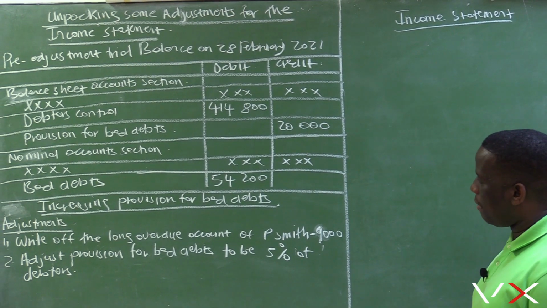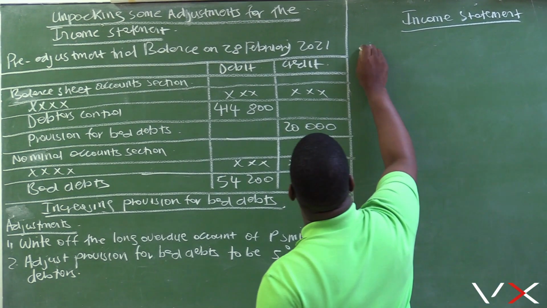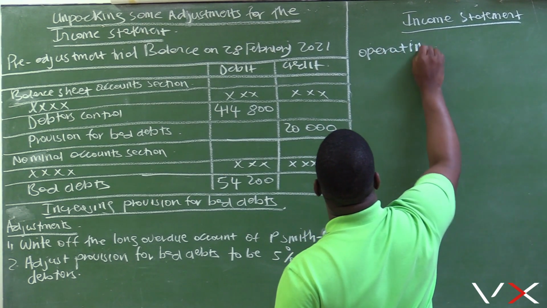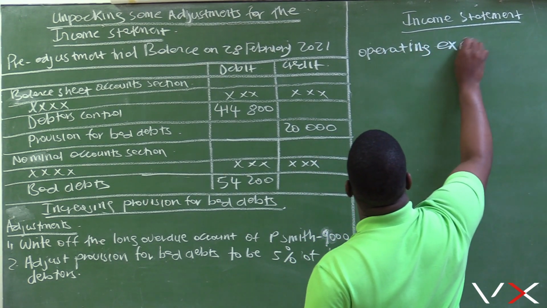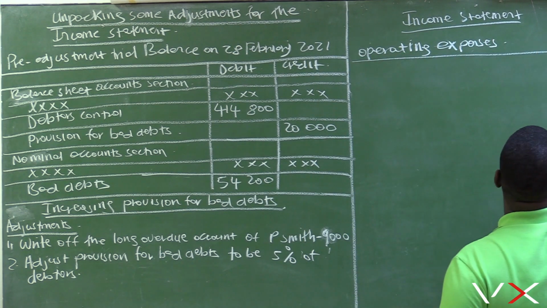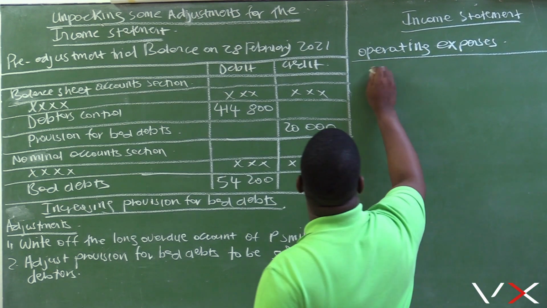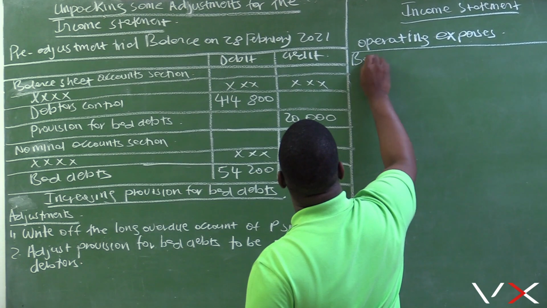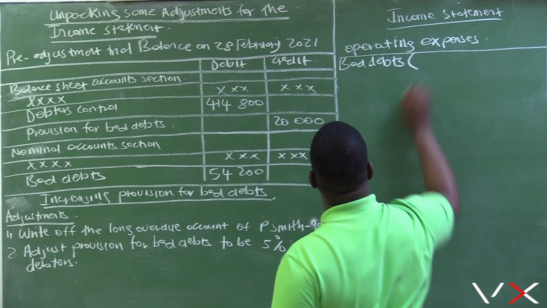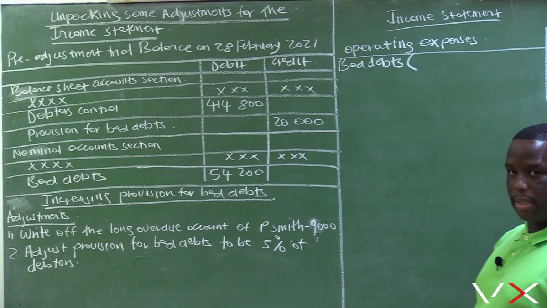Because this adjustment is affecting bad debts, it will be under operating expenses in the income statement, operating expenses, bad debts, because we are writing off a further bad debts of 9,000.